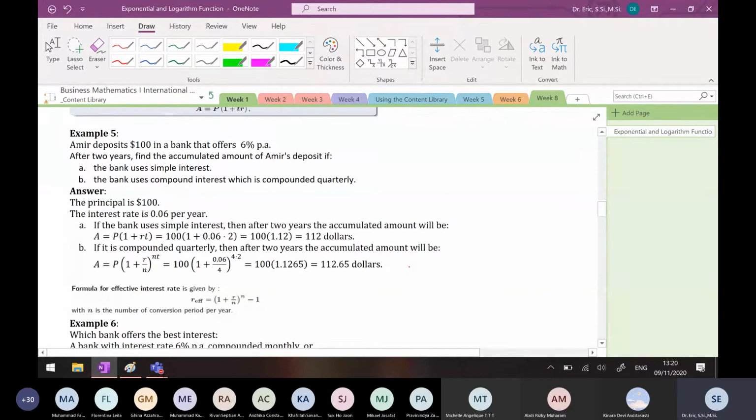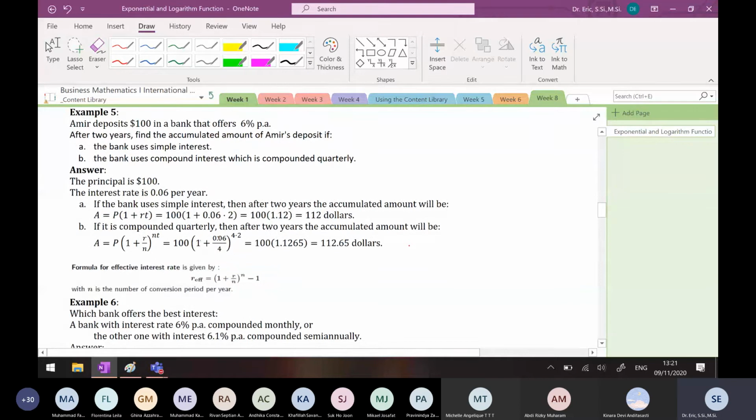If the bank uses simple interest, then after 2 years, the accumulated amount will be 100 times 1 plus 0.06 times 2. This is the same as 100 times 1.12. So I have $112 at the end of the 2 years. If it is compounded quarterly, then after 2 years, r is 0.06 divided by n.